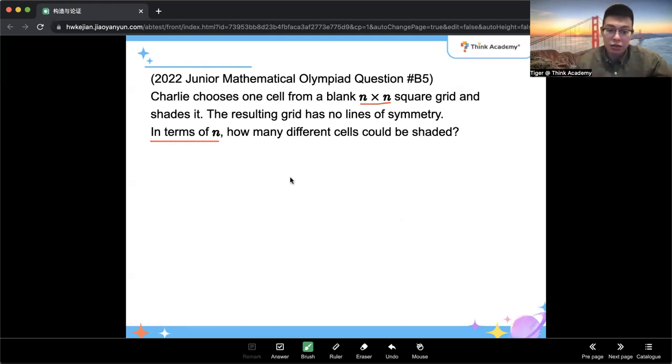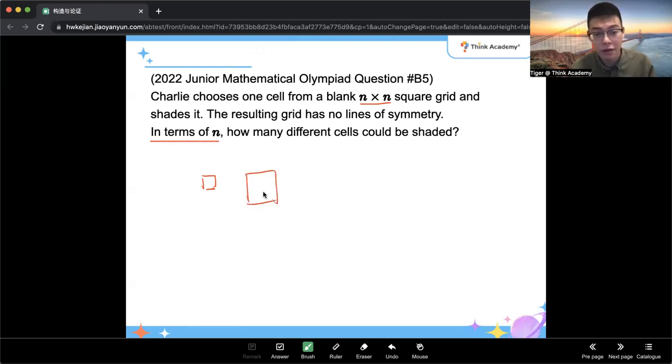So let's see, if I have a 1 by 1 grid, which is literally just one box, of course there's nothing I can do about it. If I shade it, if I unshade it, it's just one square. Of course, it would have a line of symmetry. So no help here.